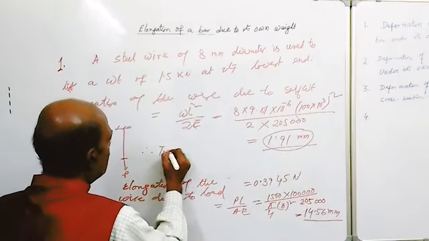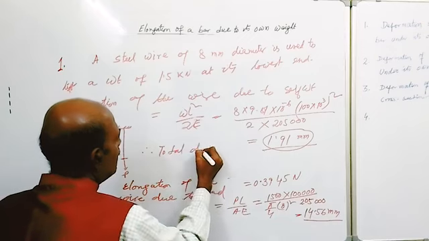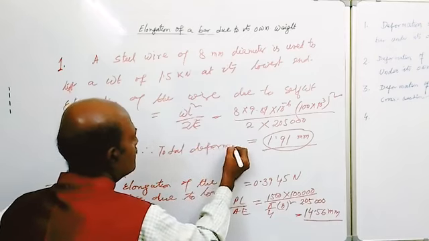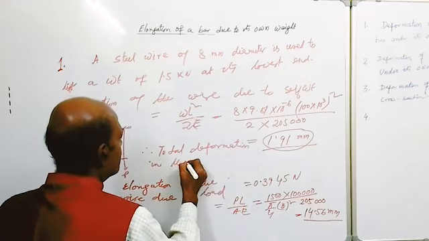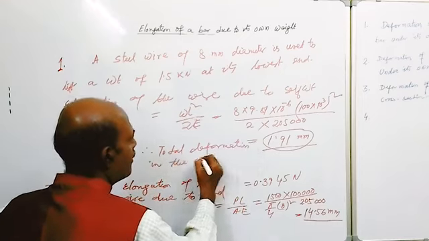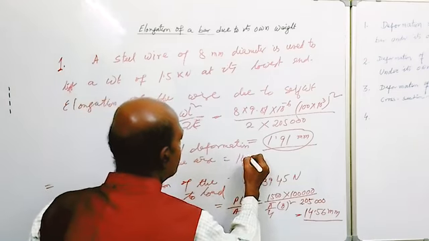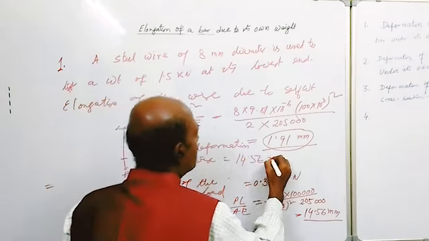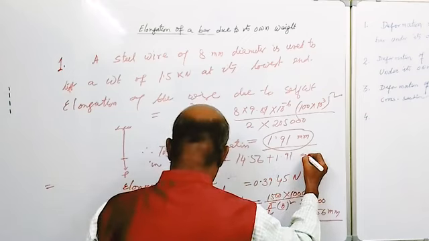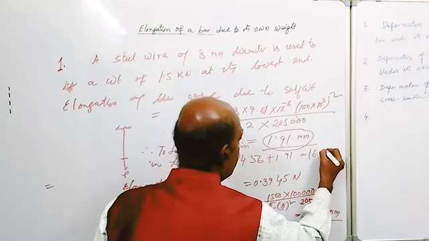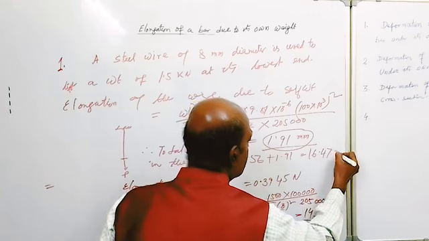Therefore total deformation in the wire is given by 14.56 plus 1.91 is equal to 16.47 millimeter.